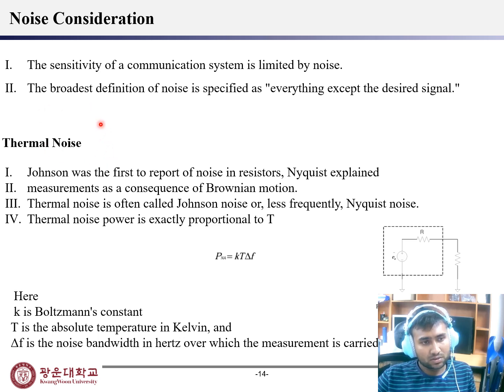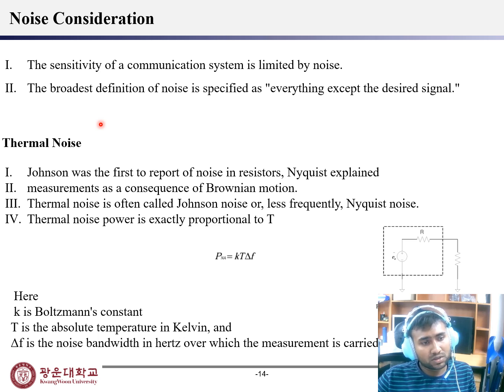Johnson was the first to report noise in resistors, and Nyquist explained this thermal noise through the measurement of Brownian motion.